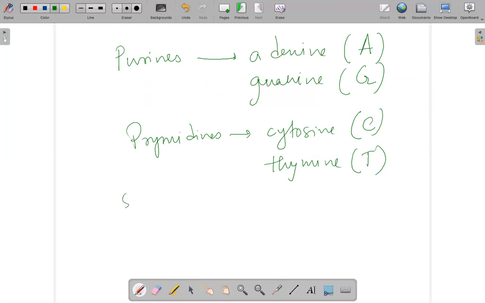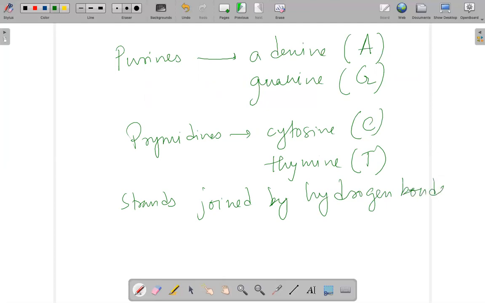Now these strands are joined by hydrogen bonds, forming a right-handed double helical structure.